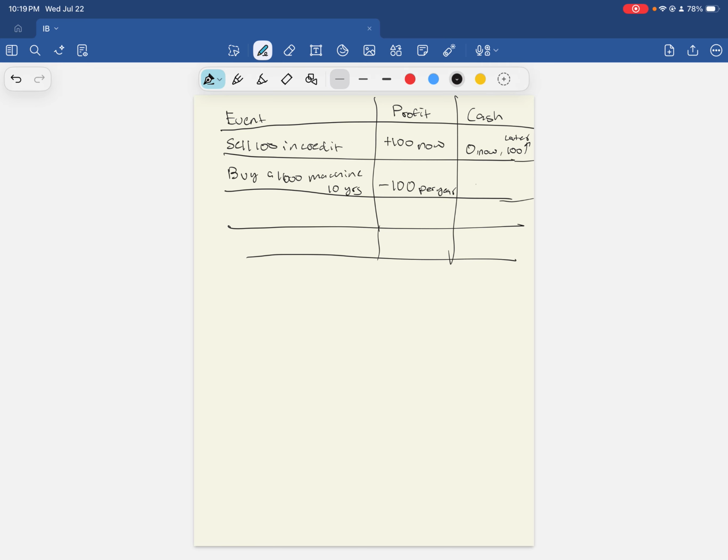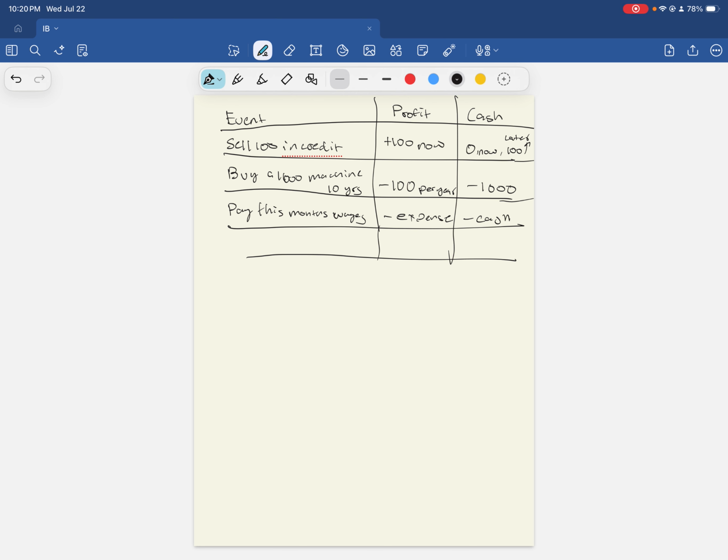But in cash, you're going to be subtracting $1,000 all at once because it takes that $1,000 from the cash. Say you pay this month's wages to your employees. That's whatever it is as an expense, so you subtract that expense in your profit, and you also subtract it for cash.